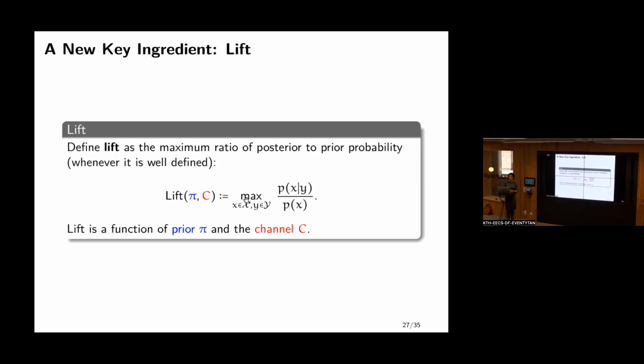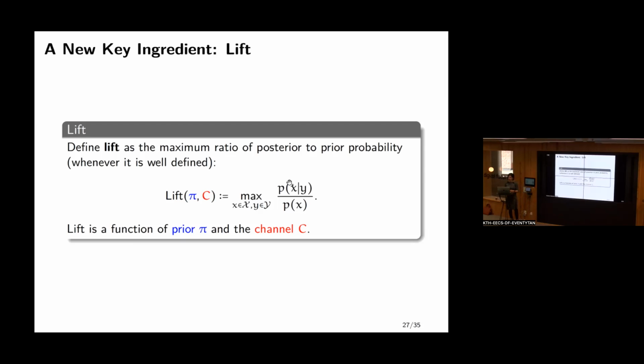The maximization is over all values of X and Y. This, of course, is a function of the prior, so the prior distribution is an argument here, and it of course depends on the channel, because for computing the posterior, you need to know the channel.